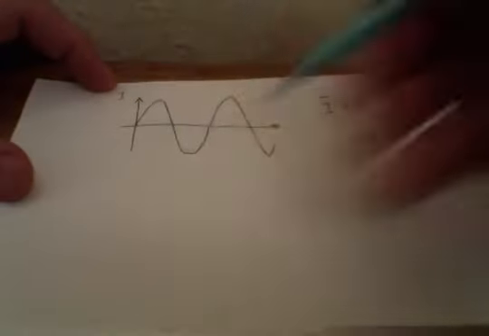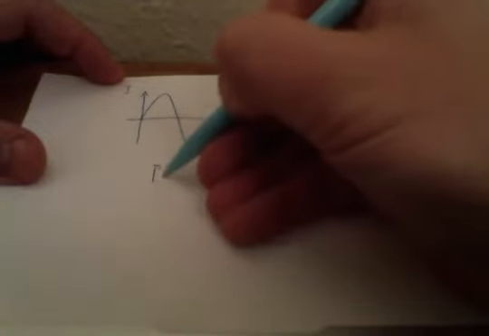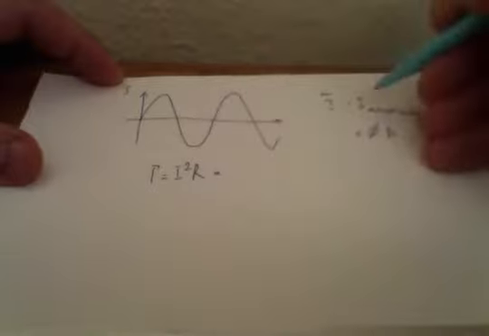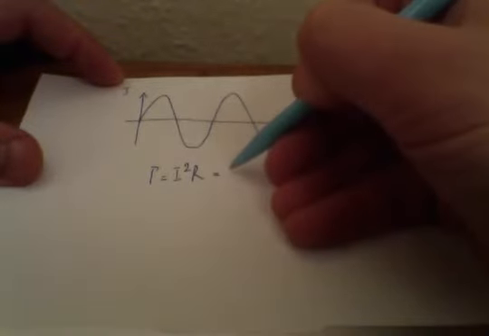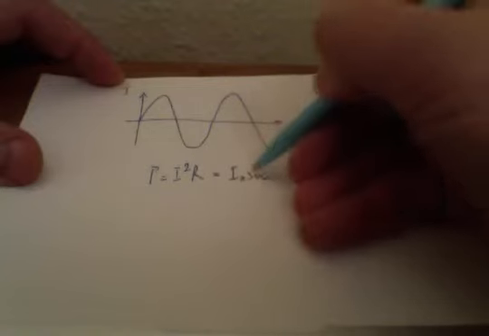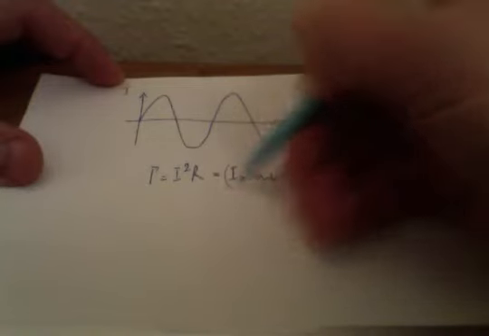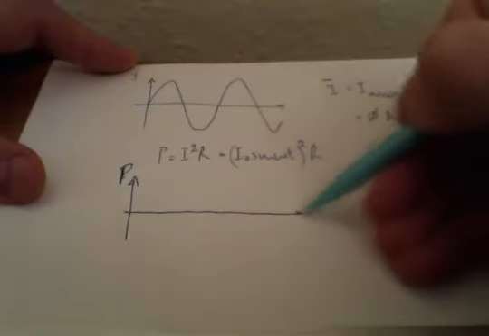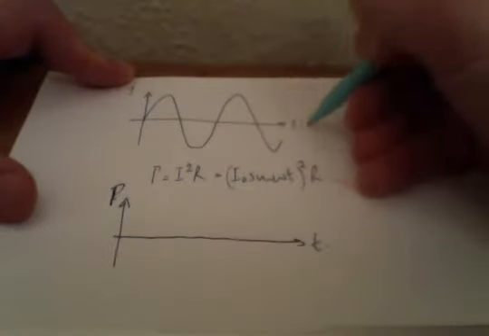In other words, I know that the power is equal to I squared R, and I know from my first instance that the current is I naught sine omega t, squared, R. So if I needed to draw this, for those of you who are very comfortable in maths, I now use the power against time, I should have said time there.